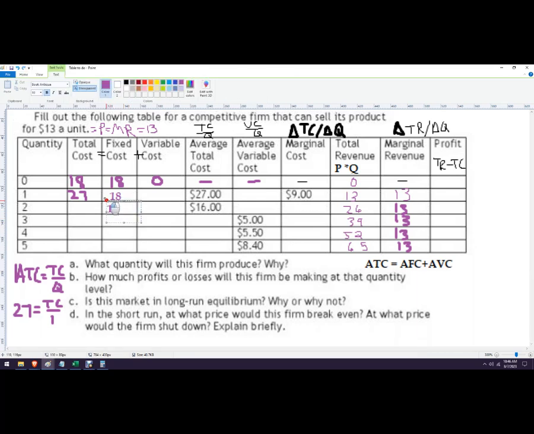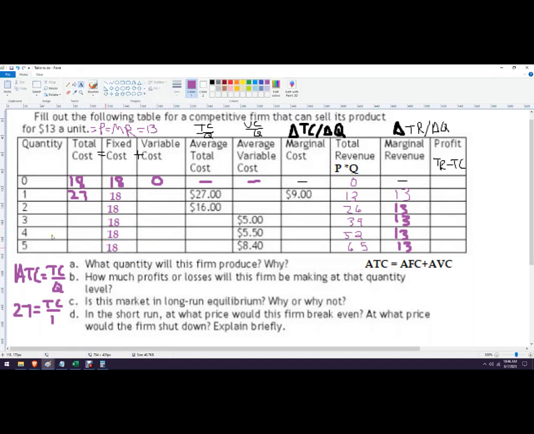You can see the way I'm doing this, you could totally do this in a spreadsheet, Excel or Google Sheets. I'm choosing to do it by hand, but you could certainly do that. In fact, on another screen, I've already done that. I'm looking at what I did before I started the video. Okay, so now we've got a lot here. We now know what the average variable cost is, which we can fill in.